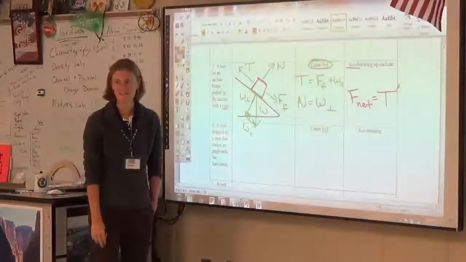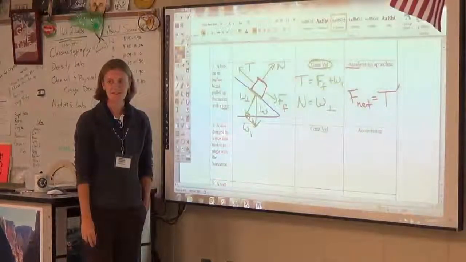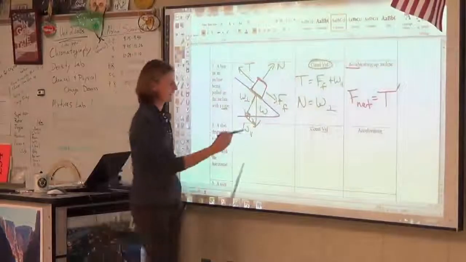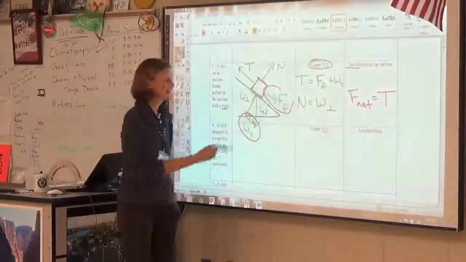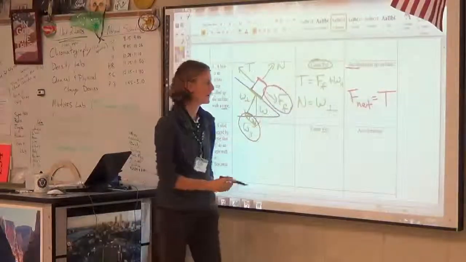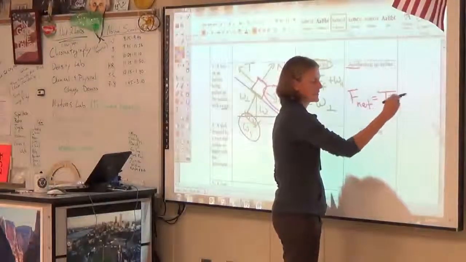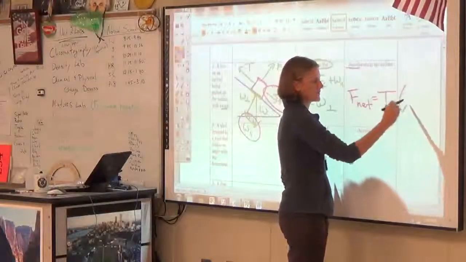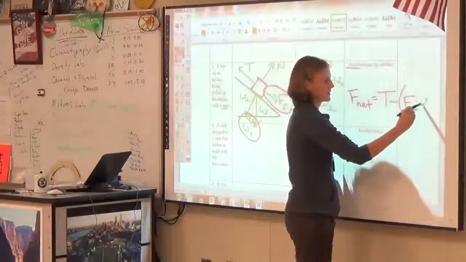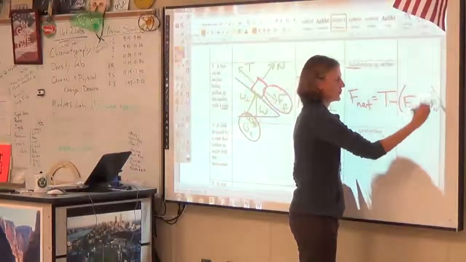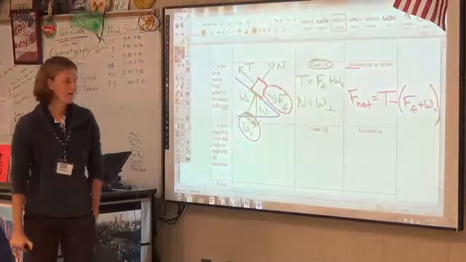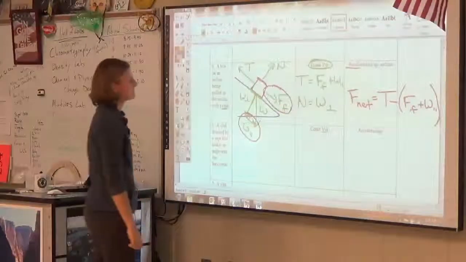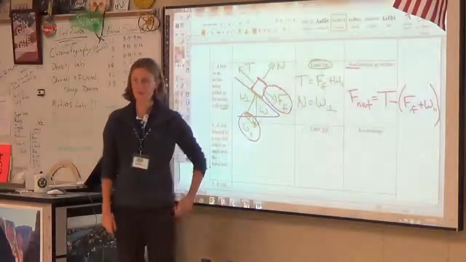Well, minus F and W. Good. Weight parallel and friction are working against tension, so minus both of them. You could do it in parentheses, or you could distribute your negative sign, however you want to do it. That is a good F net equation.